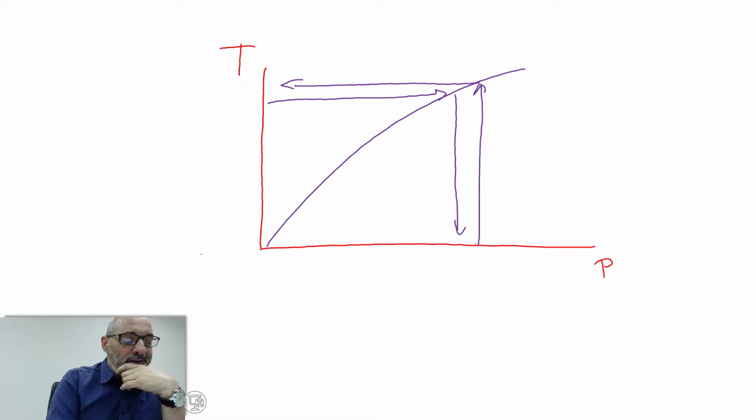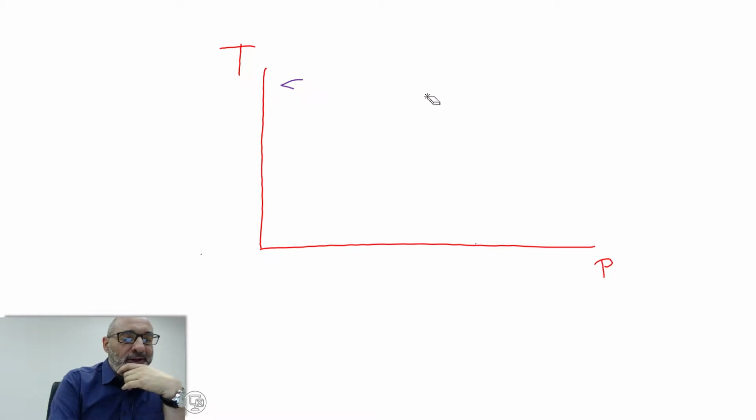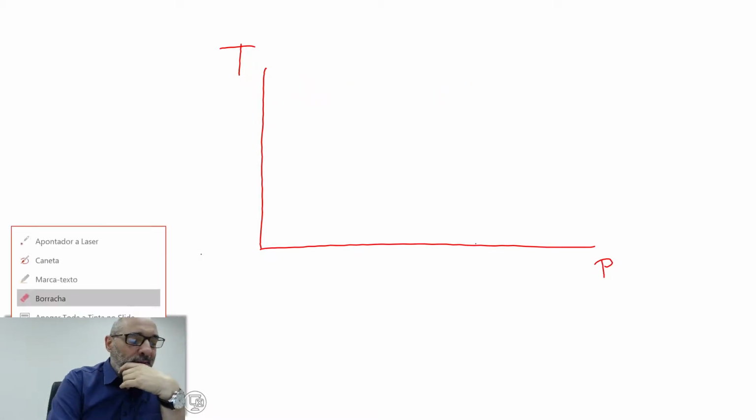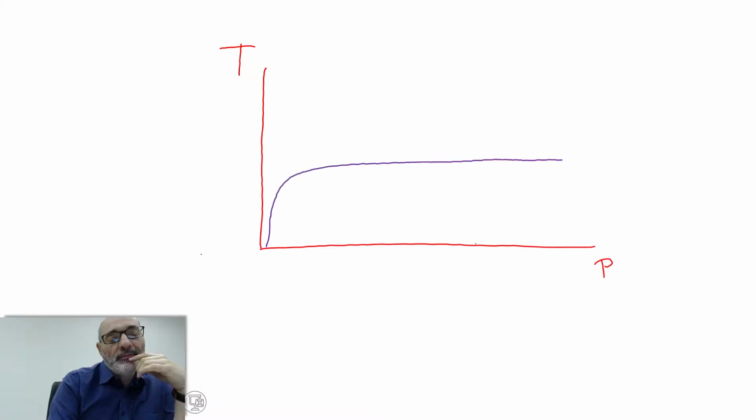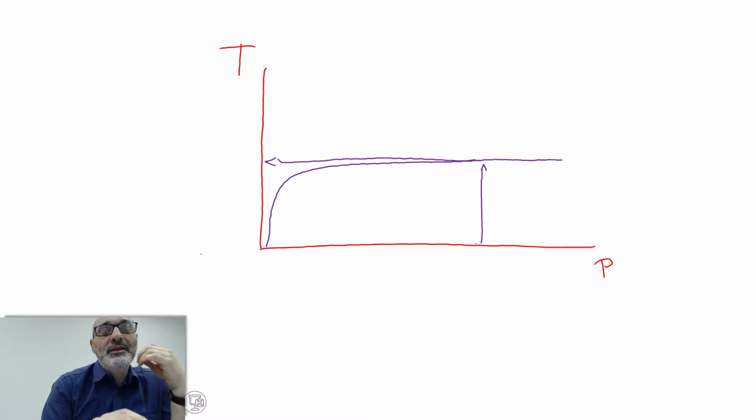But let me make another graph here. If this is not the case, if the relation between temperature and pressure is something like this, if I input pressure, no problem, I'm going to calculate the corresponding temperature, but in the opposite sense, it's very numerically difficult.